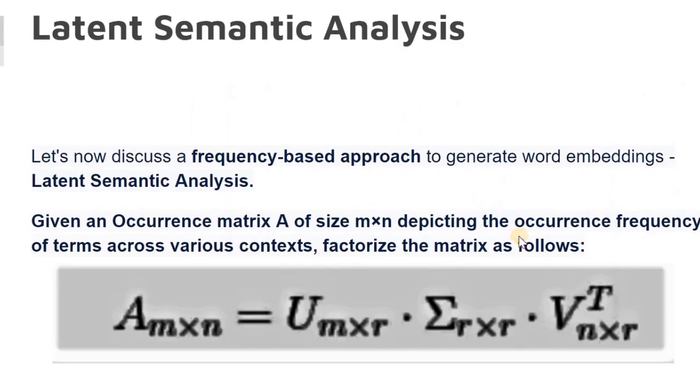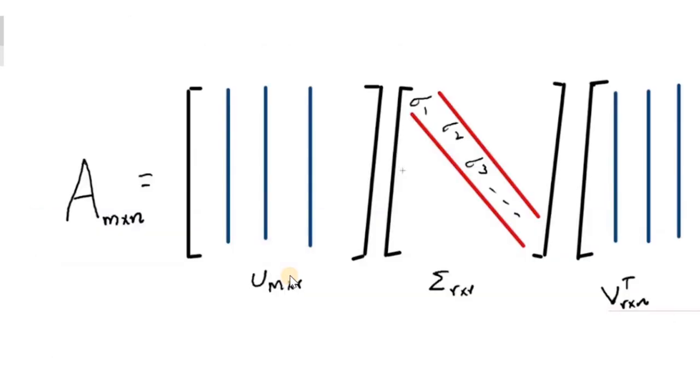In this way, we are reducing the m cross n dimension into a smaller dimension by decomposing the matrix into 3 different eigenvalue and eigenvector matrices and multiplying them back to the original form.